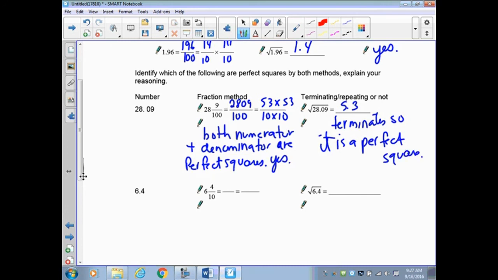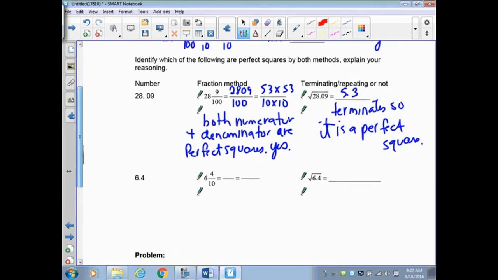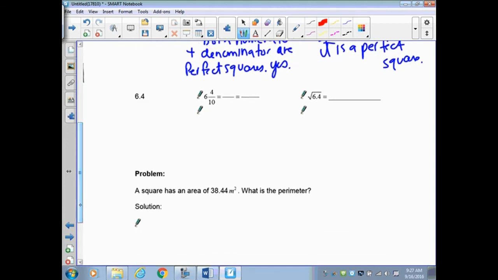All right, let's go down to 6.4. As a fraction, that's 6 and 4/10. That gives you 64 over 10. Well, the 64 we know is 8 by 8, but there's no whole number multiplying by itself which will give you 10.